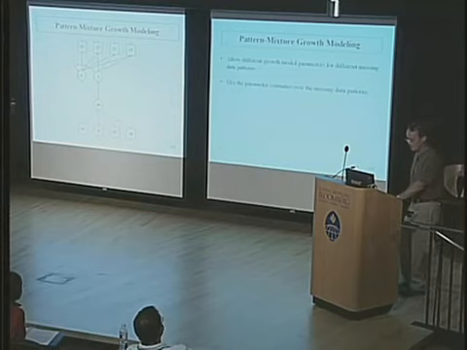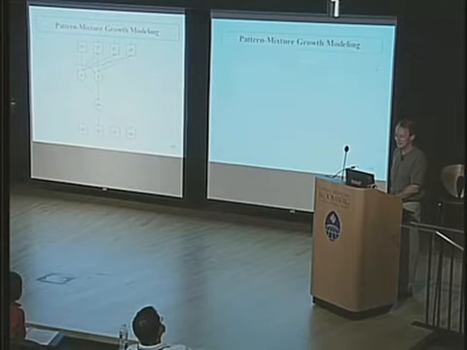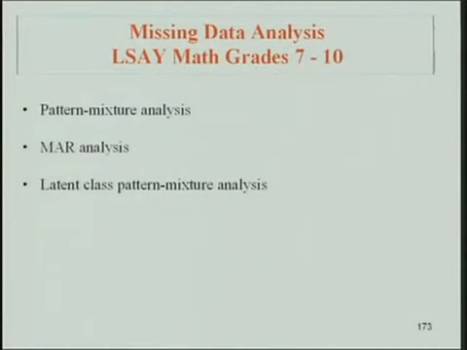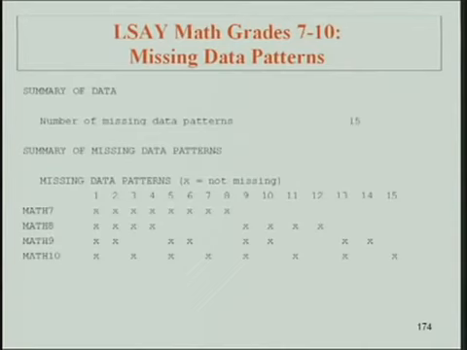I did point out that it was advanced, but if anybody has a solution to tell me about, I'm happy to listen. So we're going to analyze math 7 through 10, not all the way up to 12, by pattern mixture analysis in the classic sense, MAR analysis, and latent class pattern mixture analysis. And we have half an hour, so we could do it.